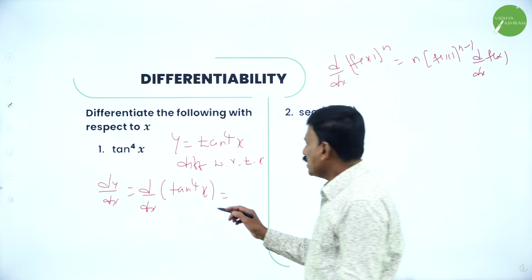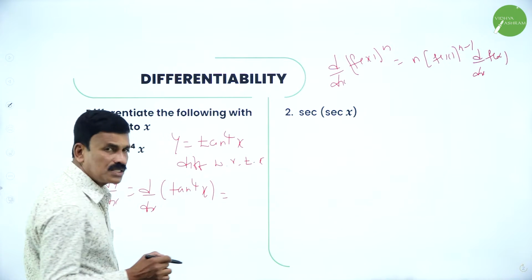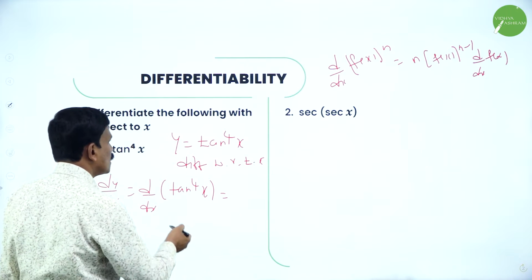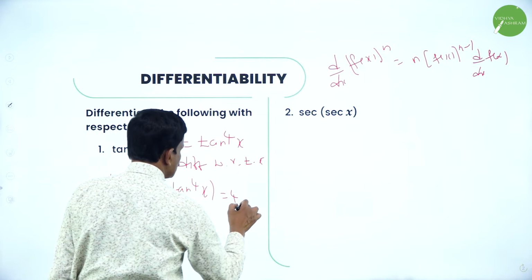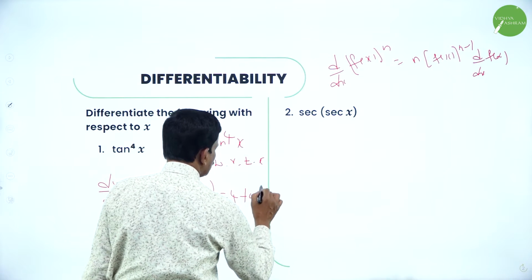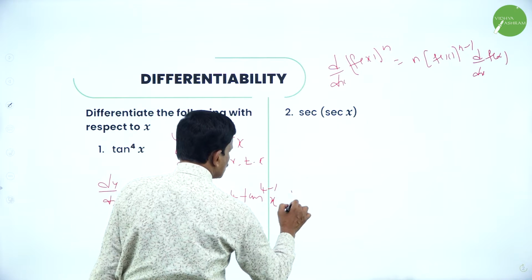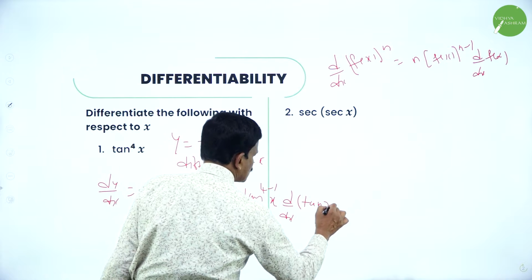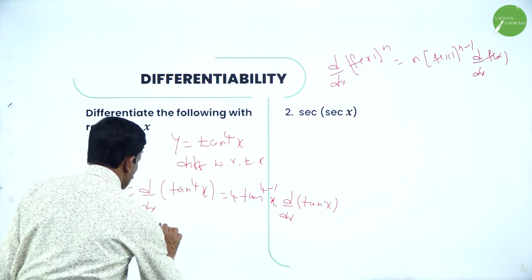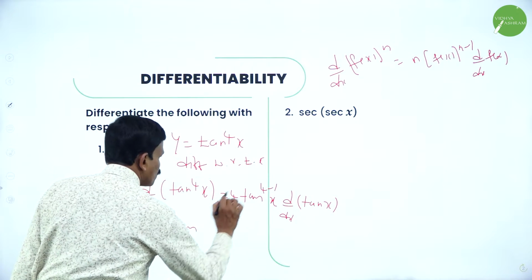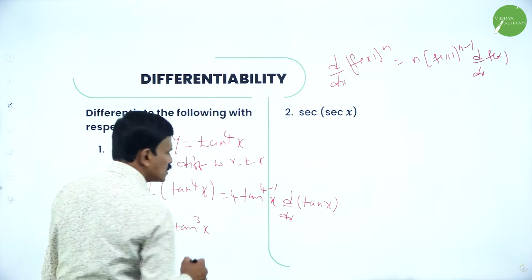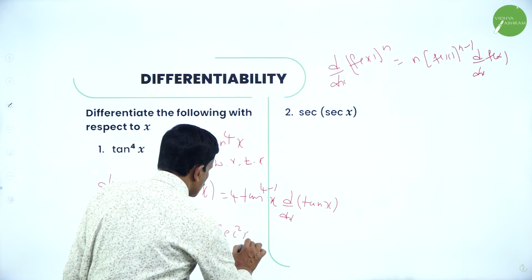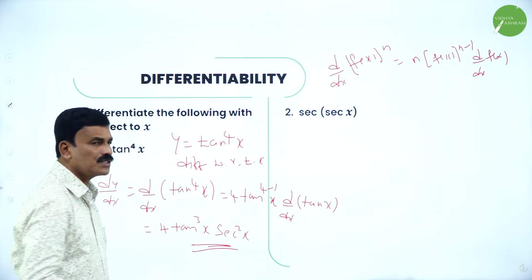Here n is 4, so 4 into tan to the power of 4 minus 1 x into d by dx of tan x. Now this is equal to 4 times tan to the power of 4 minus 1 is 3, tan cube x into differentiation of tan x is secant square x. This is the derivative of the function.